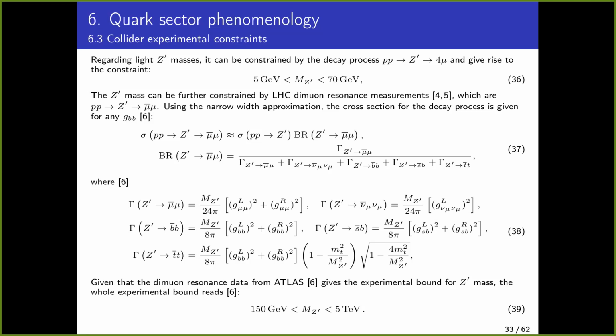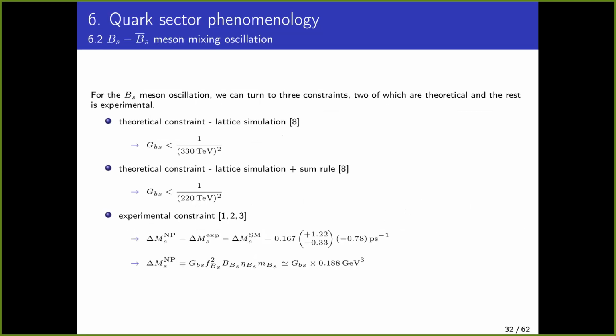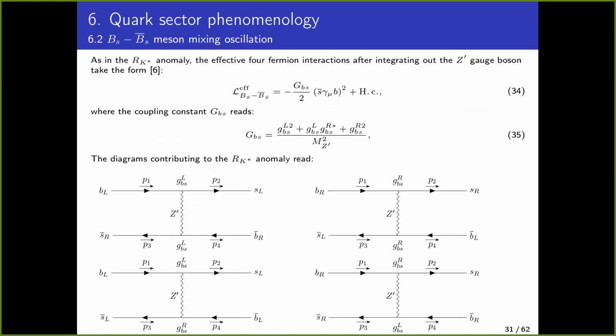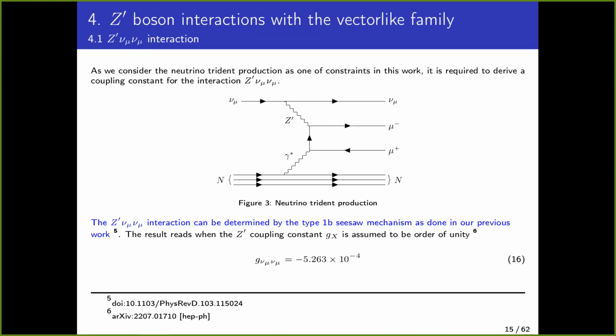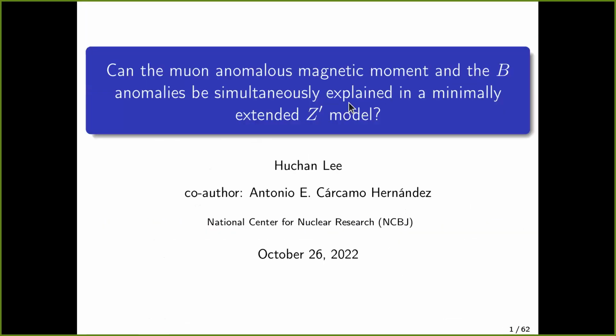The reason why we consider the Z prime is, as I mentioned in this title, just a moment. The main motivation is: can the muon anomalous magnetic moment and the P anomaly be simultaneously explained in a minimally extended Z prime model? So the Z prime is our main target in this work. Your model doesn't contain any other particles that can contribute?